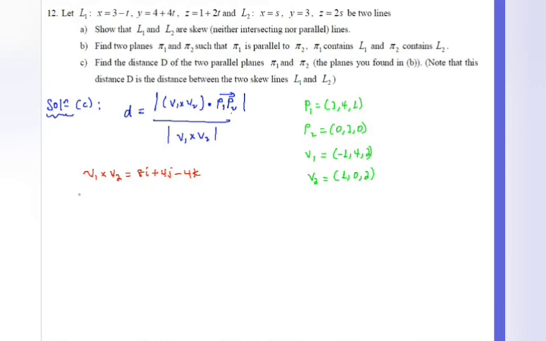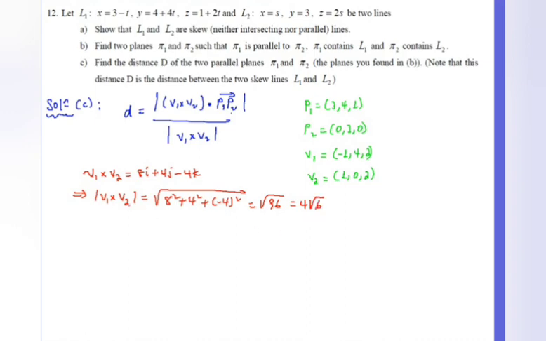From this, we also need to calculate its magnitude.